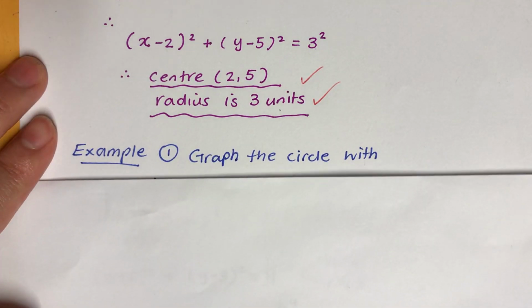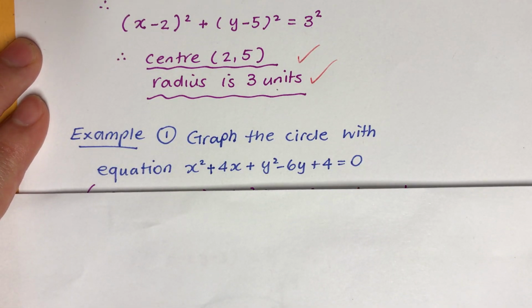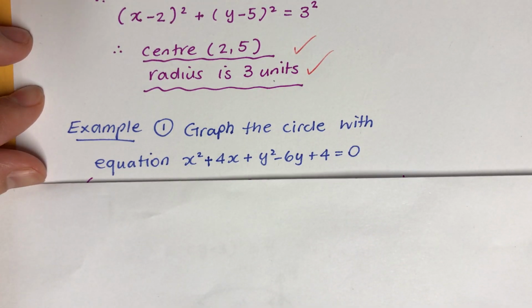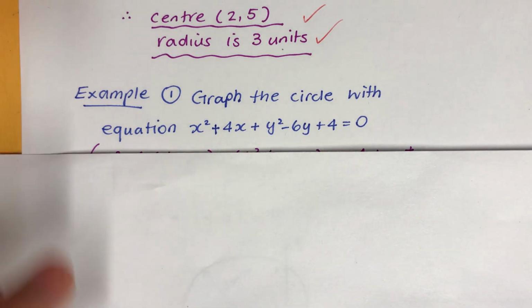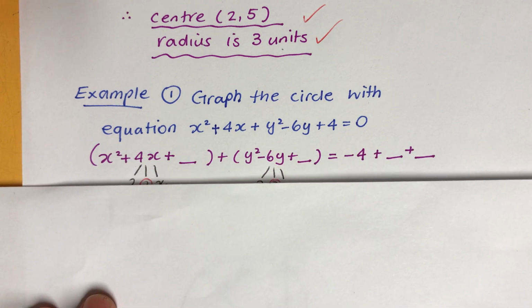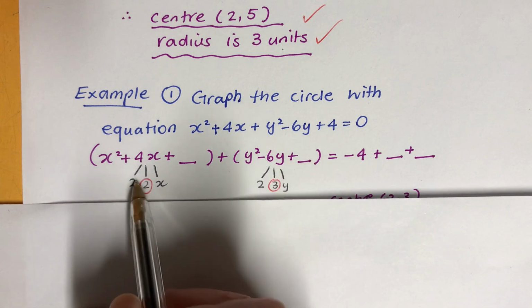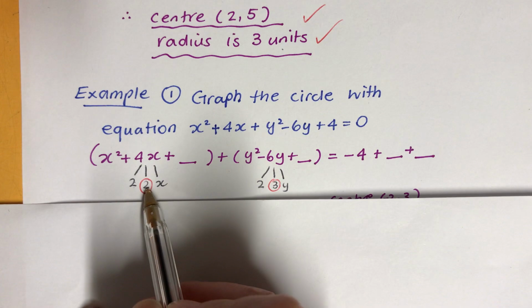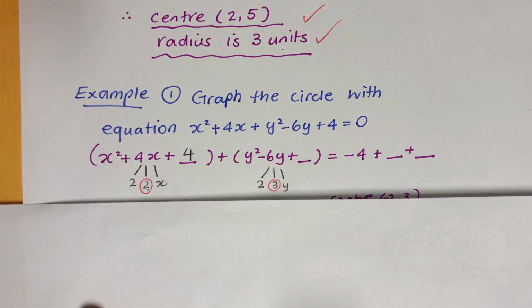Now another example will be, let's have a look. Graph the circle with equation of that. So we're going to do this polynomial equation into the form of an equation of a circle. So I'm going to do the same thing here, and I separated 4x into that. So 2 is always there, we have to have 2, and this is 2, that's x squared, so that will be 2 squared, 4, same as before.